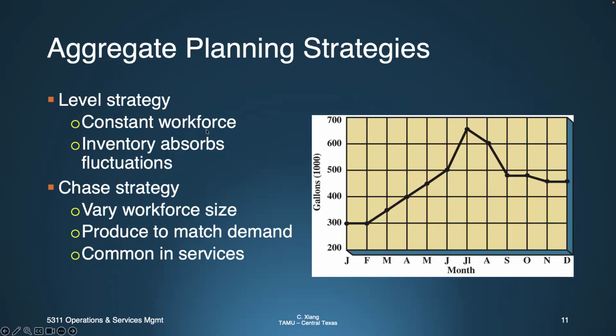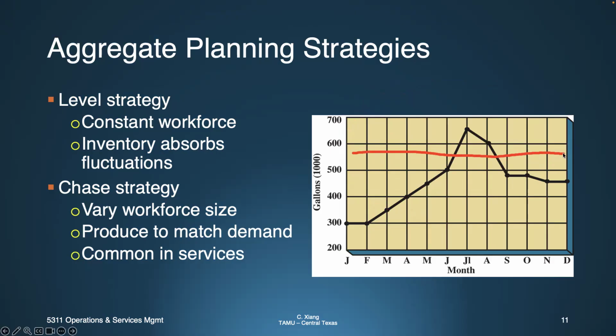On this page, we introduce two fundamental strategies in aggregate planning, the so-called level strategy and the chase strategy. To understand them, let's look at the chart on the right. Okay, so if demand were a flat line, then planning would be very simple. Let's still use workforce as an example.